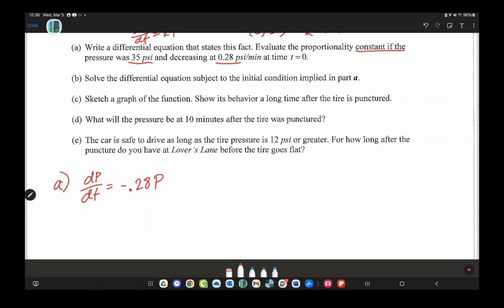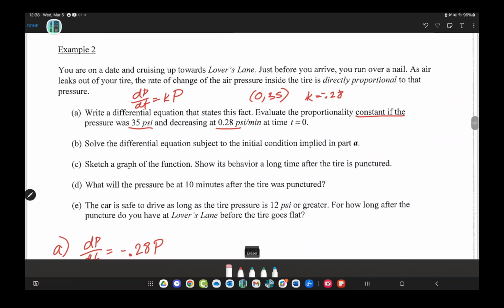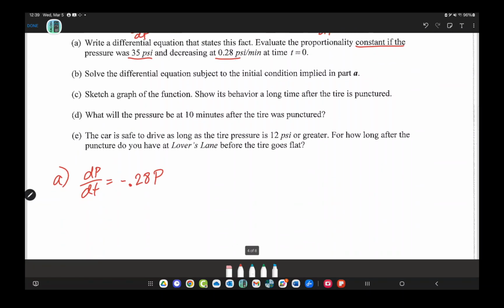Wait a second. No. They didn't give us the constant. They gave us the pressure. They didn't give us the constant rate though. Sorry, my bad. They gave us the change in pressure. dP over dt is negative 0.28. So they want us to find K with this.